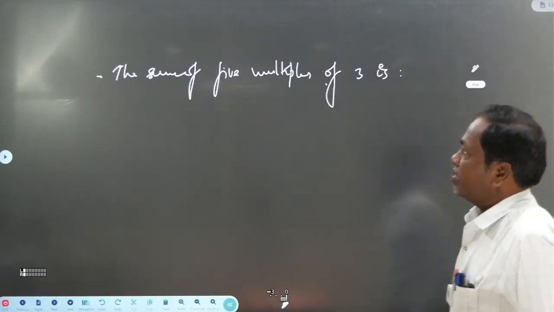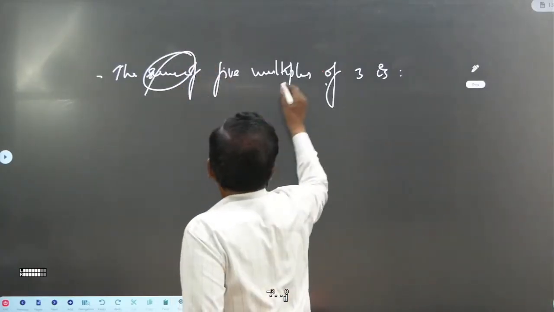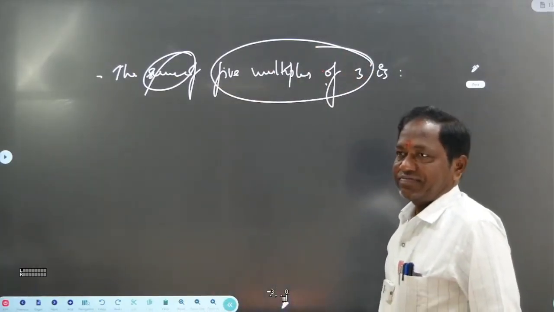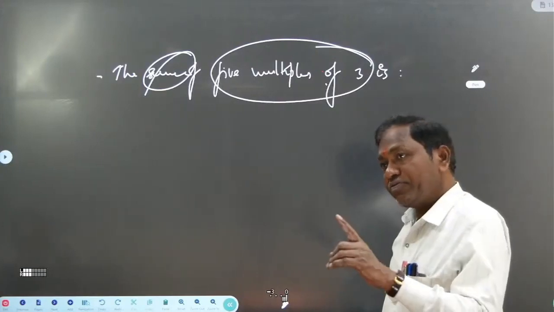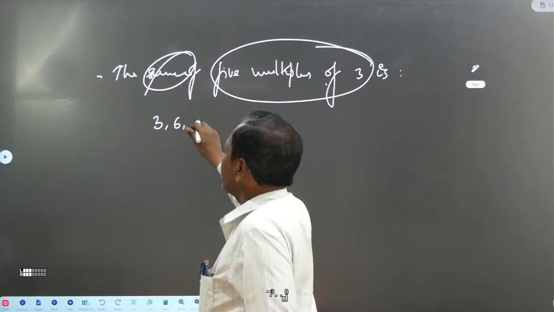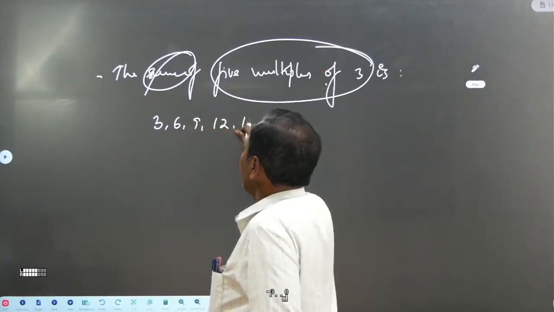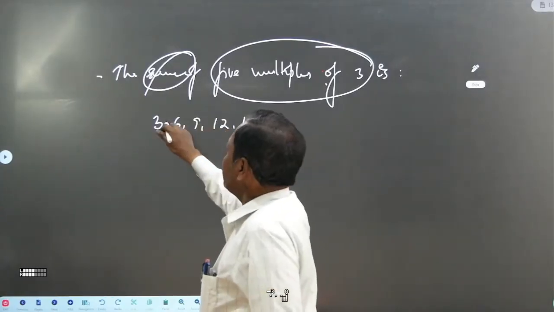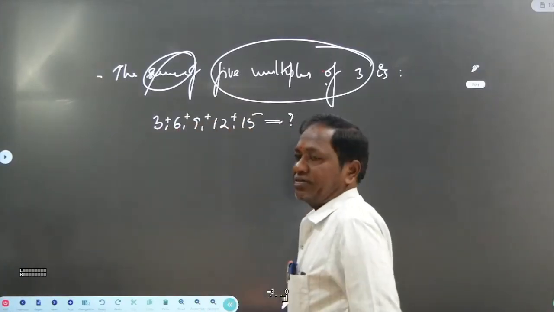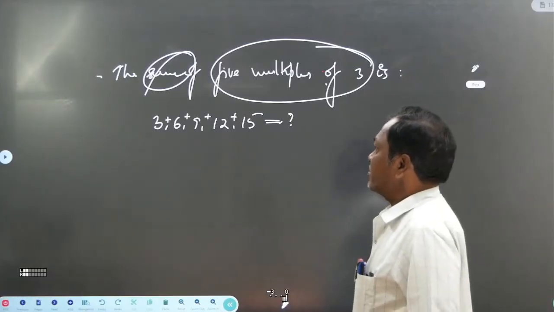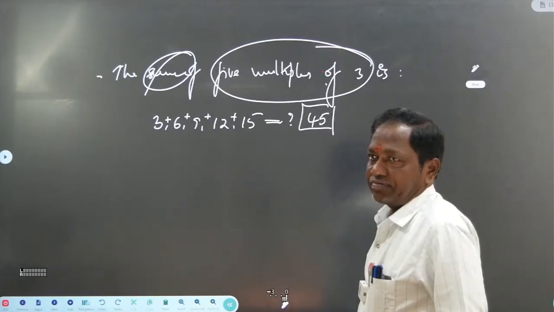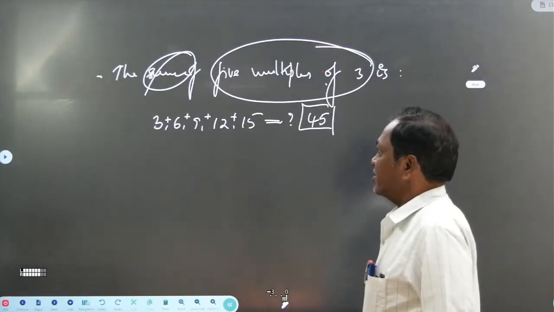The sum of 5 multiples of 3, see that. It means writing the information: 3, 6, 9, 12 and 15, 5 numbers. It means plus, plus, plus and plus, which is 45. It's 45 like that. That's the thing.